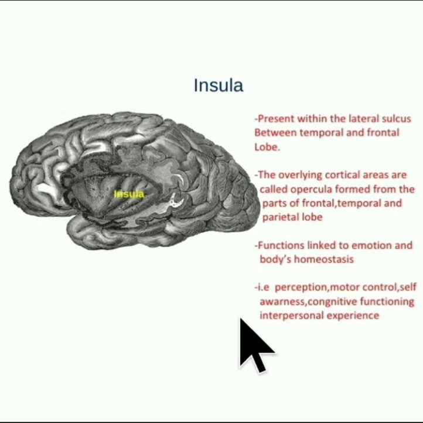The last lobe, sometimes called the fifth lobe, is the insula, which is present within the lateral sulcus between the temporal and frontal lobes. The overlying cortical area, called the opercula, is formed from parts of the frontal, temporal, and parietal lobes. Its functions are emotions and the body's homeostasis.